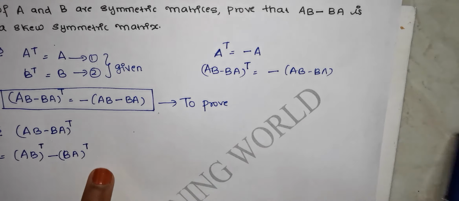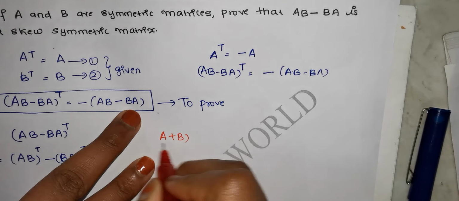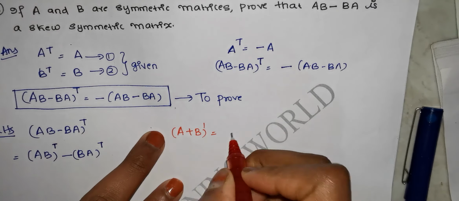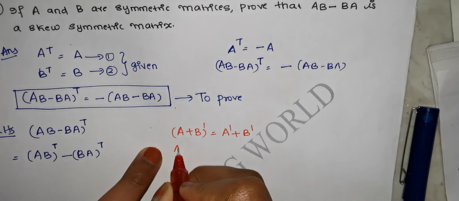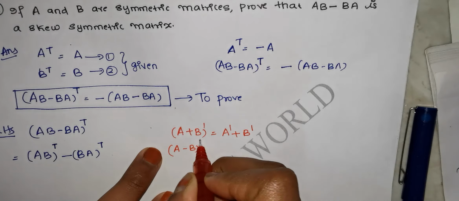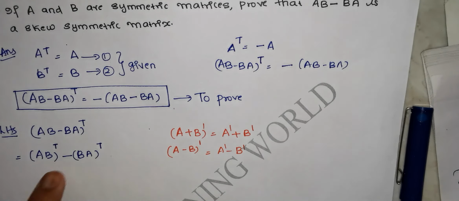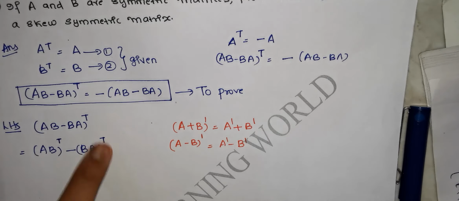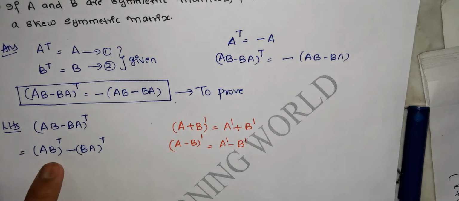Students, we have to note A plus B the whole transpose can be written as A transpose plus B transpose. A minus B the whole transpose can be written as A transpose minus B transpose. So here also we can write like this: AB minus BA the whole transpose means AB transpose minus BA transpose. That's how we have written it.